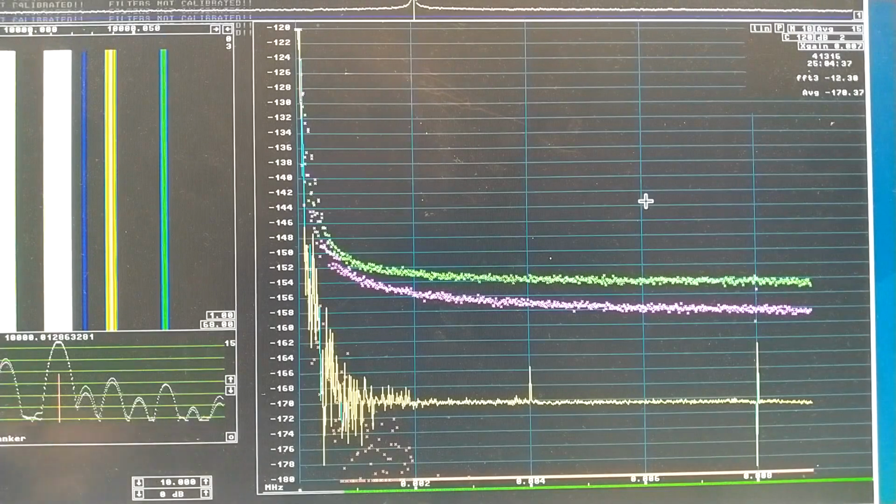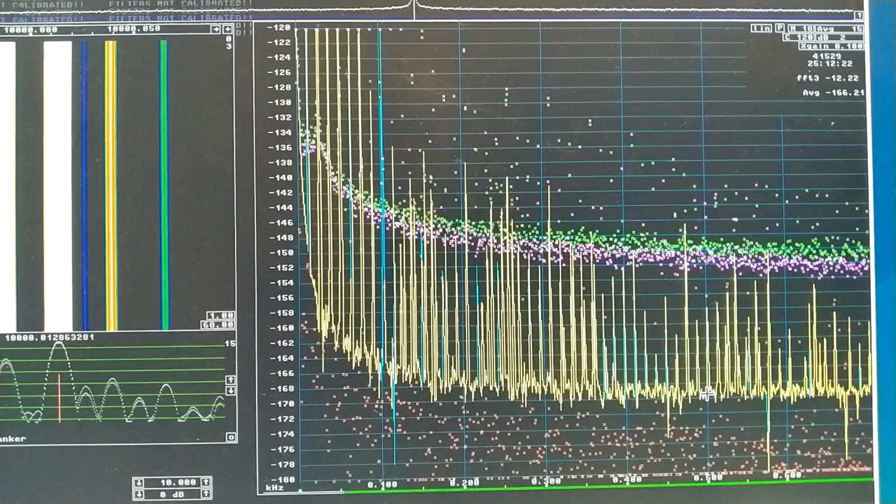The frequency is 10 megahertz plus 12.8 hertz. And that's a very low frequency for the sound card, even though I have very big coupling capacitors. But there is also a digital filter in the ADC chip.